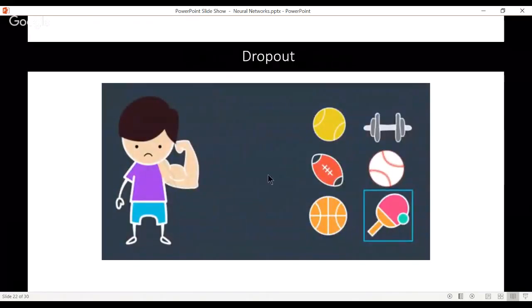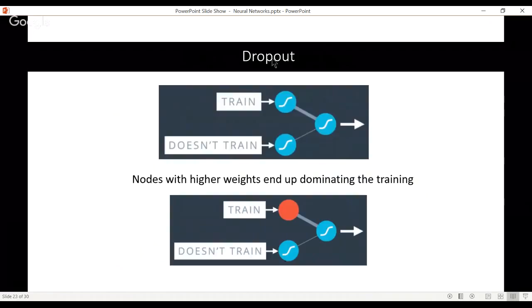Another way is dropout. This is an example from the neural network lesson in the classroom: if you are just using one arm to work out and you are not using the other arm, this arm will become too strong and the other arm will stay tiny, and nobody wants to see that. So why do we need dropout? If the weights of certain nodes are too high, they end up dominating the training process.